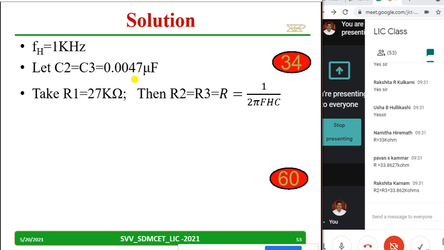Rakshita has typed some answer, 33.862. Yeah, Vinayak also, Damodar has typed. Very good, Vinayak. Vinay has typed 33.862 kilo ohm. Thank you to all the students, Pavan, Namita, Hiremat, Abhinandan Appannavar, Ganashri, all are getting same answer.